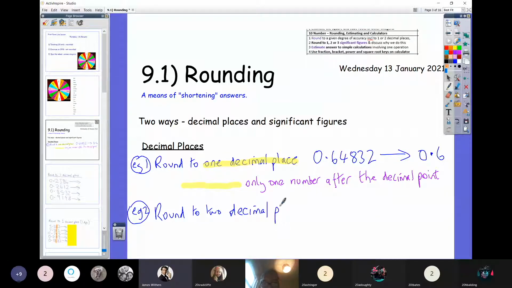If we're being asked to round to 2 decimal places, let's say we were doing 0.64444, to 2 decimal places you would have 2 numbers after the decimal point, so that would be 0.64. So for this one, you're going to have 2 numbers after the decimal point.